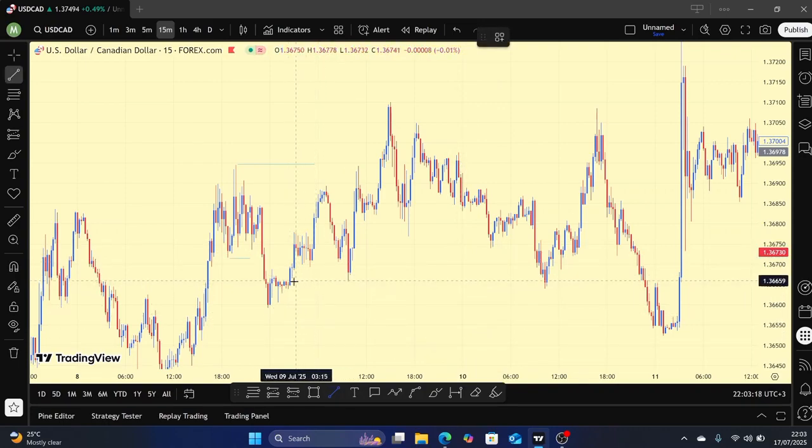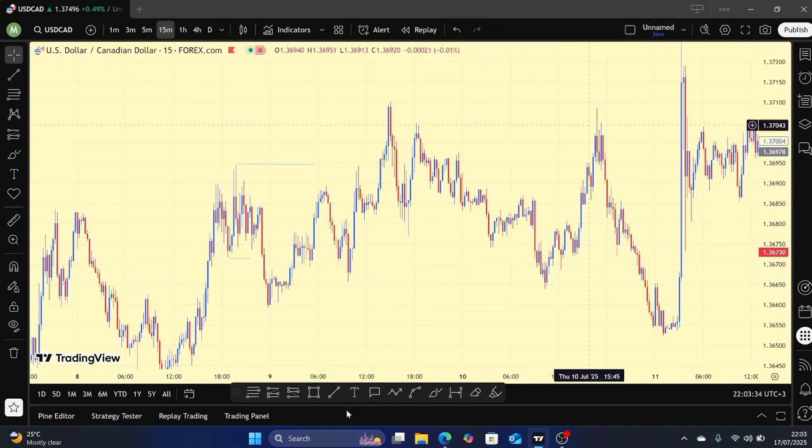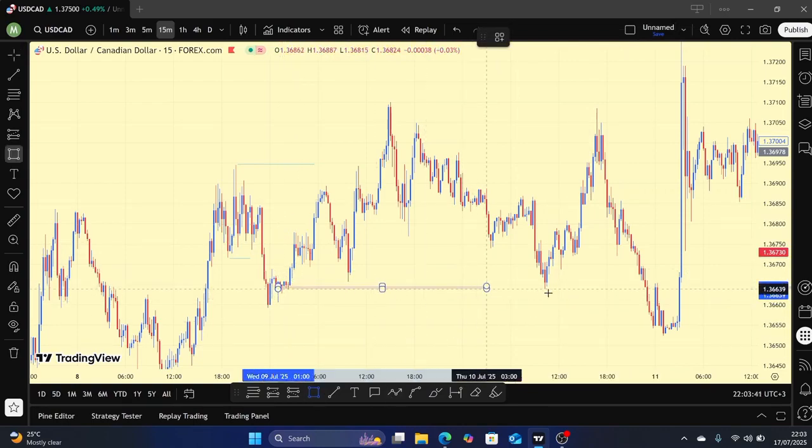I was using the Fusion Markets broker, and there was some kind of order block here, right? But anyway, that doesn't matter because we can clearly see that in this case it will be a reaction from a rejection block. So exactly right here, that's our rejection block, and price mitigated the rejection block.